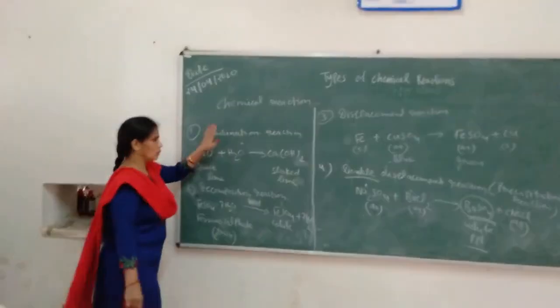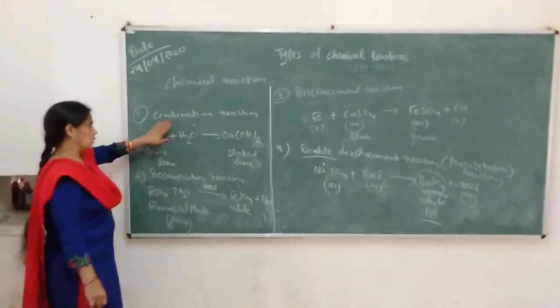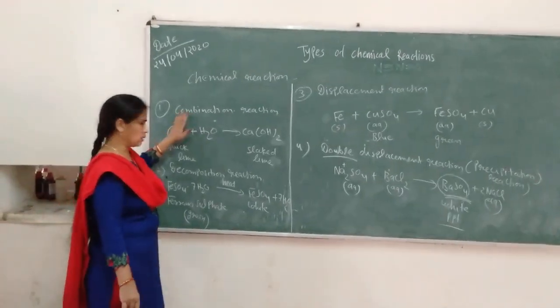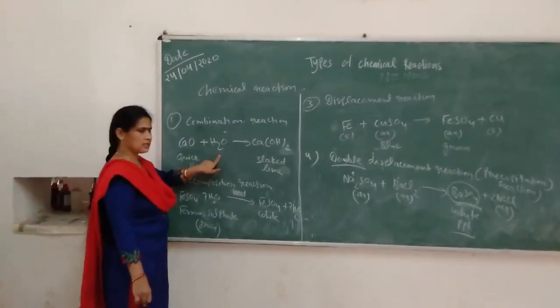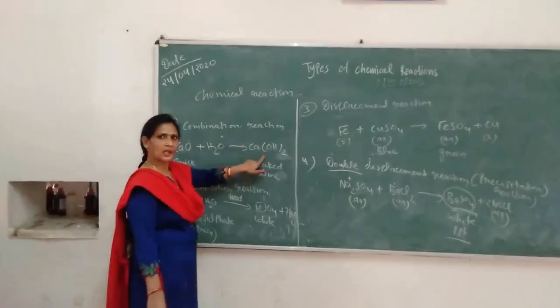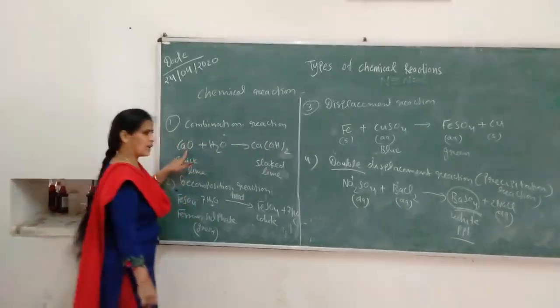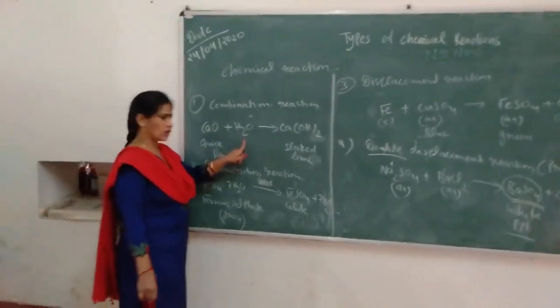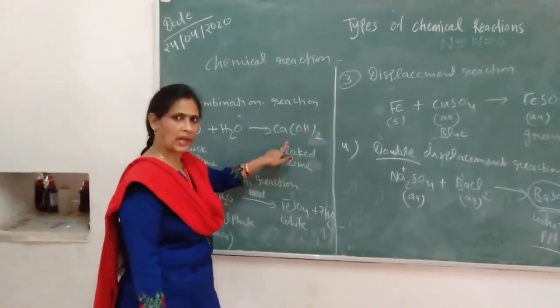There are mainly four types of chemical reaction. Number 1, combination reaction. In this type of reaction, two reactants combine to form a single product. This is the example of this reaction. Quicklime reacts with water to give a single product, calcium hydroxide.